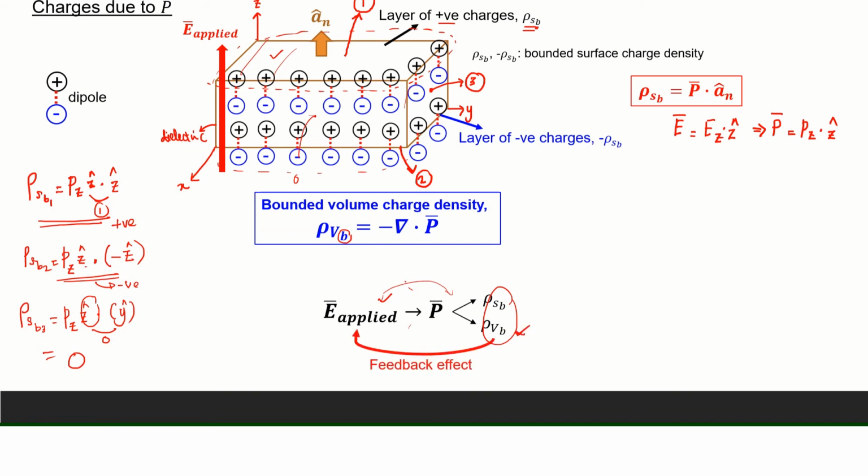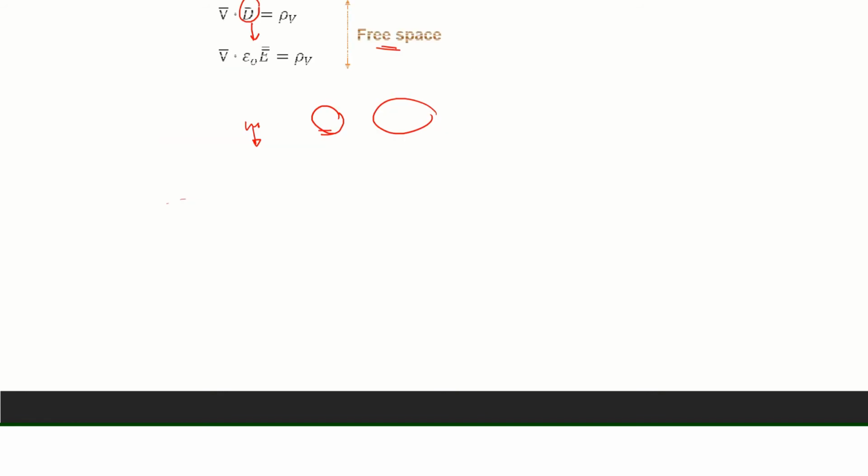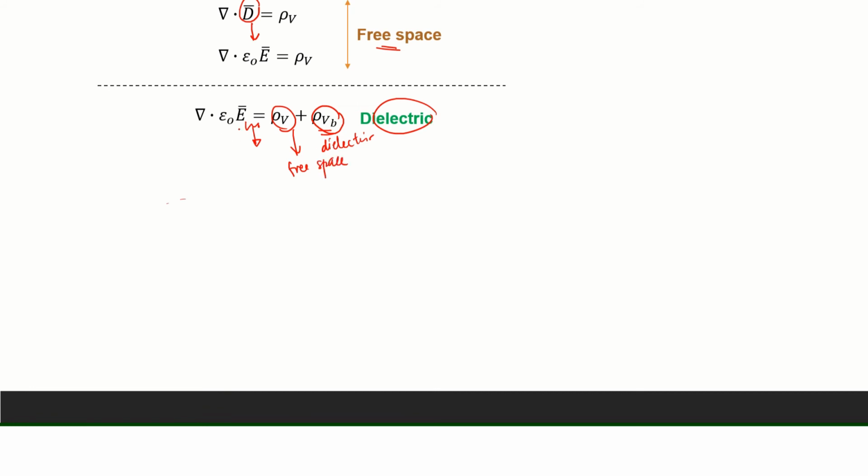So let's say we have a dielectric and free space: this is dielectric, this is free space. By right, here also there should be some additional term. So how do we define what is additional here?